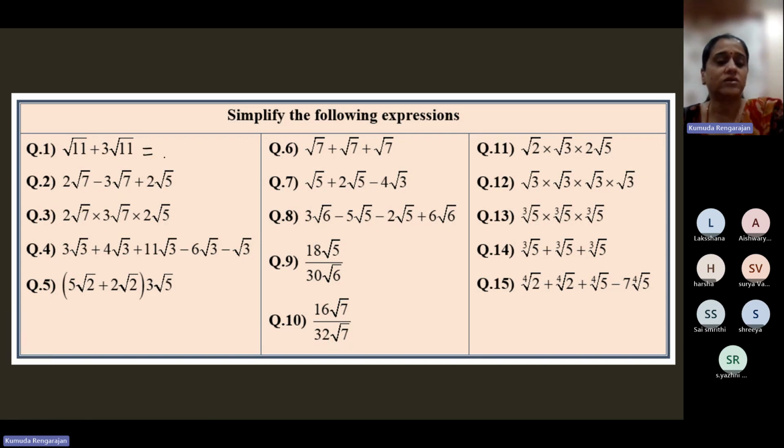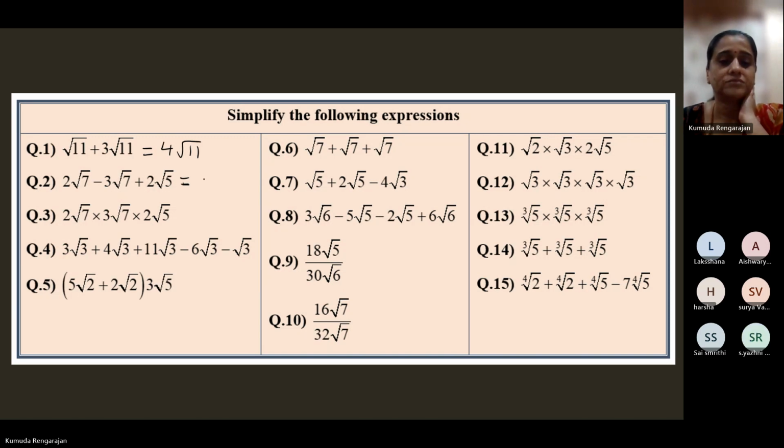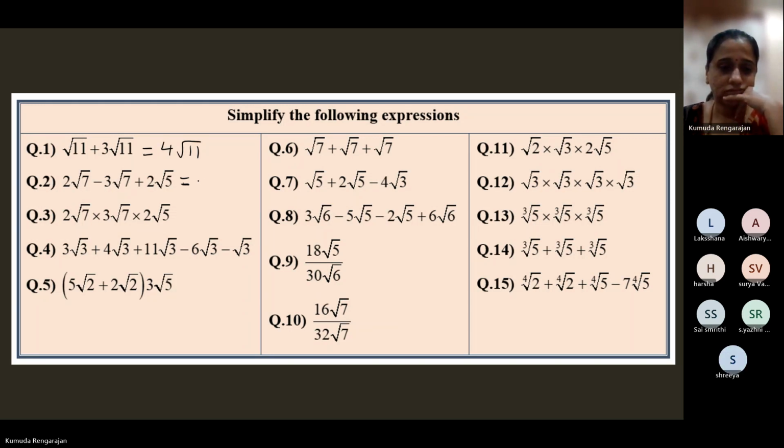Yes, hi, Smriti. What is root 11 plus 3 root 11? 4 root 11. Very good. Shreya, next one. Aishwarya. Ma'am, I've got the answer. Minus 1 root 7 and plus 2 root 5.